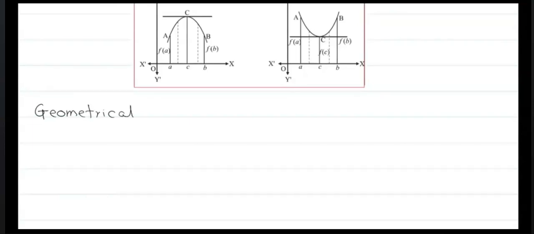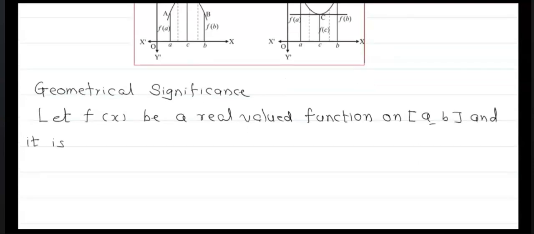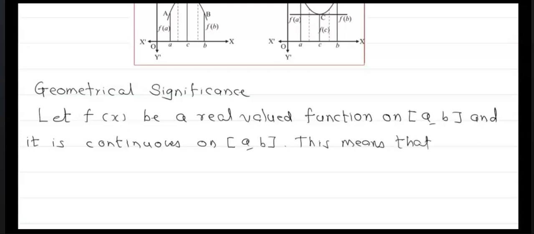Geometrical significance. What is the geometrical meaning of this? Let f of x be a real valued function defined on closed interval [a, b] and it is continuous on closed interval [a, b].